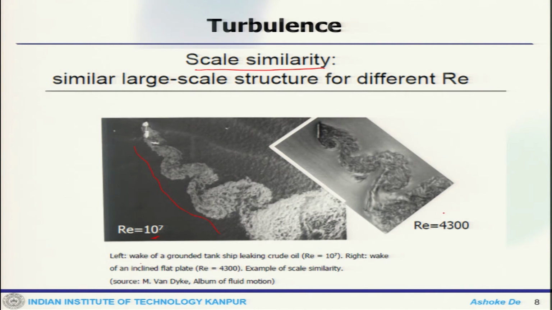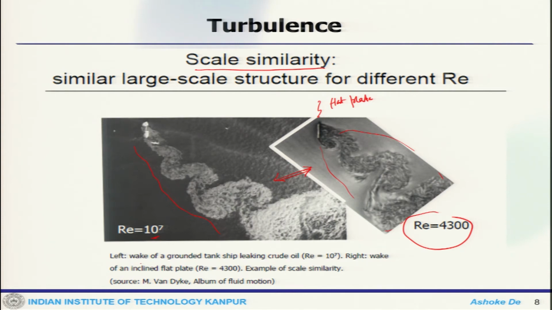And on the other side, this is a flat plate which is inclined at an angle, and you see the large scale structure. If you look qualitatively at these two, the large scale structures show some sort of similarity, and this is what is meant here.